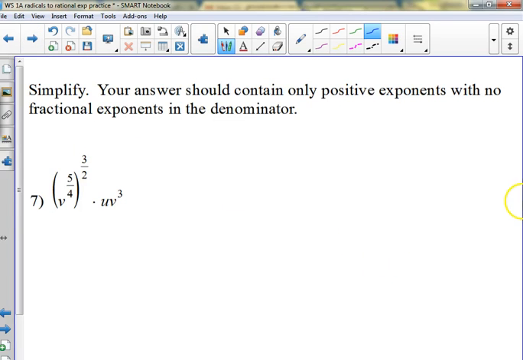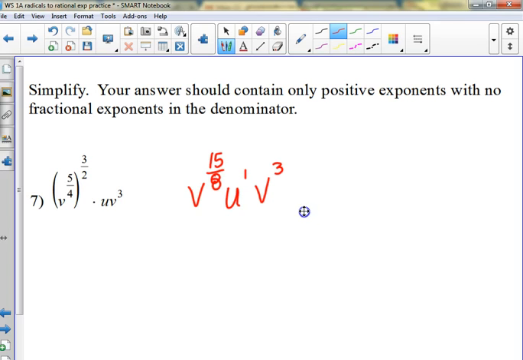What do you want to try on 7? Multiply those together. What do we get? V to the 15/8. Is that the disgusting answer we get? And then we have a u that's just to the first and a v to the third. Okay. What do you do when you have v's to 2 different powers?